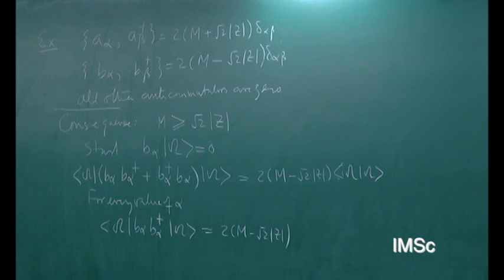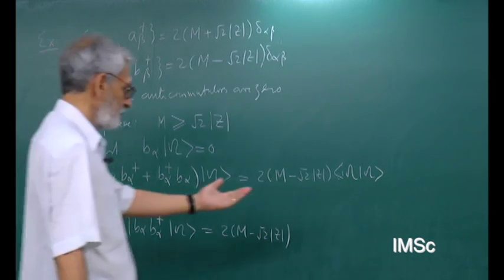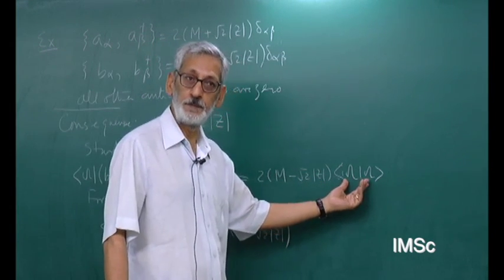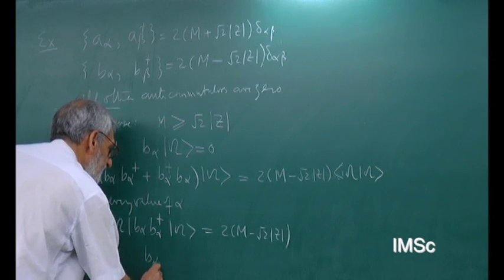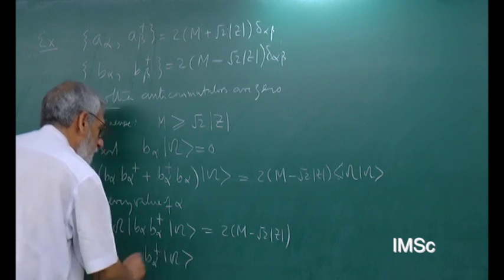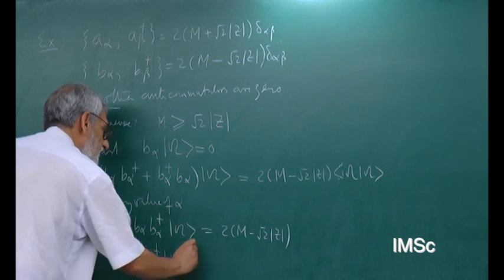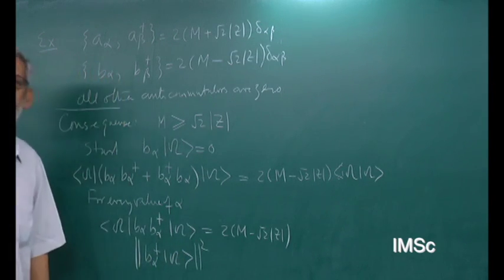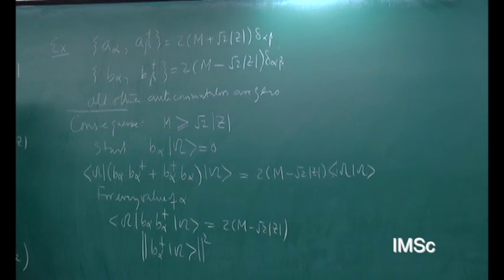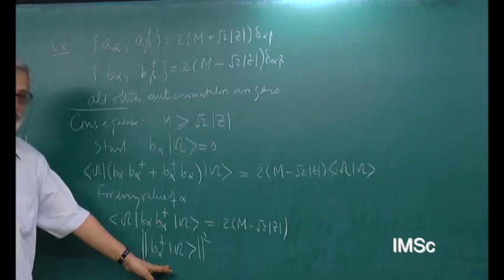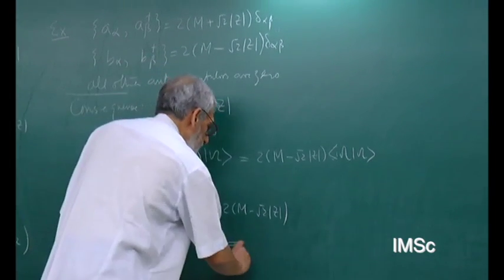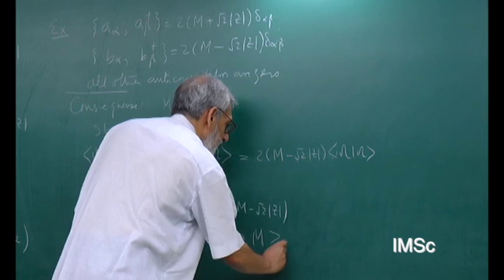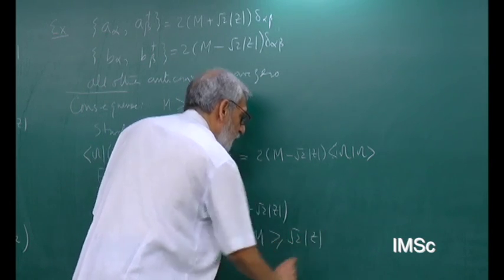Otherwise, some positive number, because it's the norm of the state omega. Now, this is the norm of the state B dagger on omega. So, therefore, this is positive. And this immediately implies that m has to be greater than root 2 mod z.